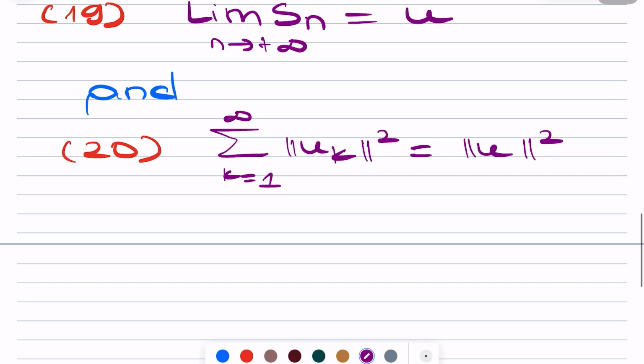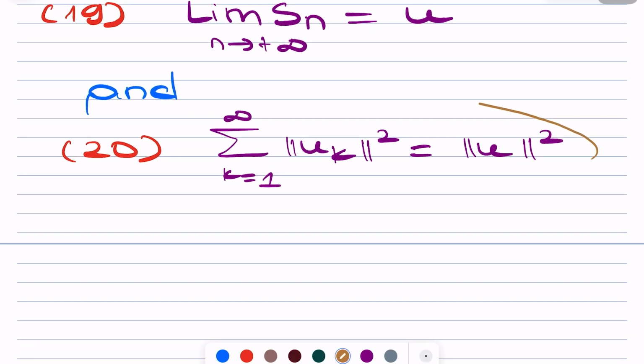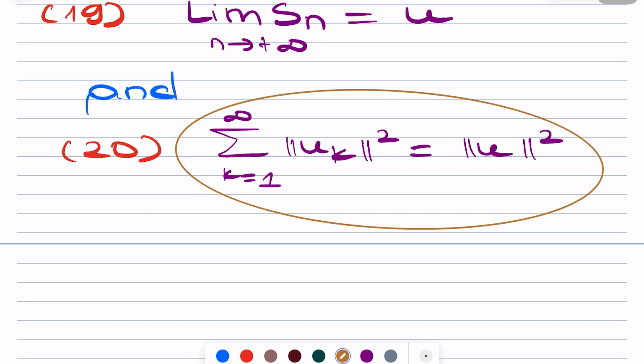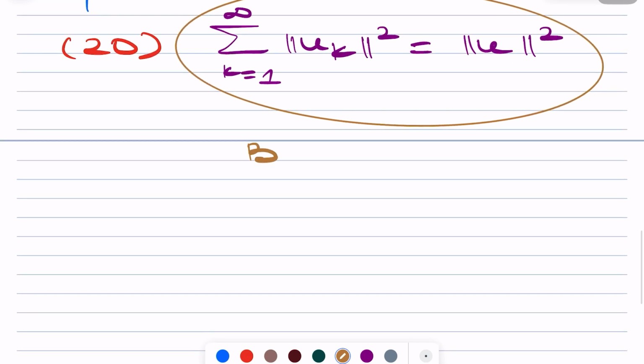I mean, this relation here is known as the Bessel-Parseval identity.